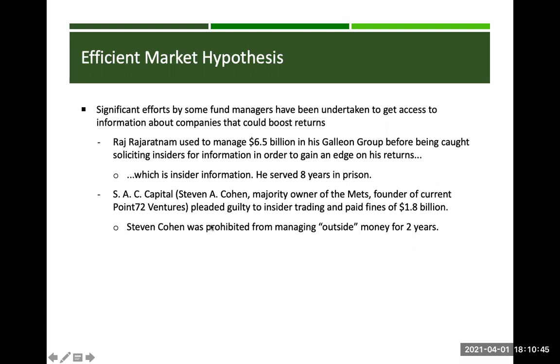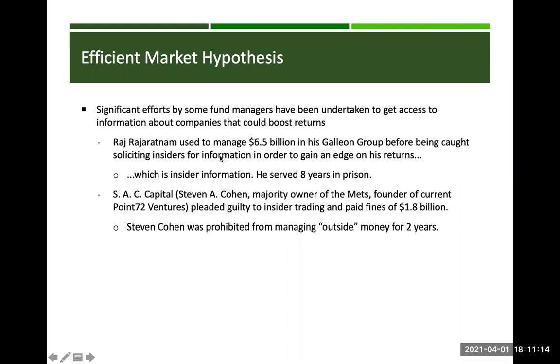So some significant efforts have been made by fund managers to get access to information. They mentioned these two in the book specifically, and there are many more that you can come up with. I mentioned Martha Stewart issues, where I think her charge was a reduced charge from insider trading, but her broker got a much stiffer penalty.